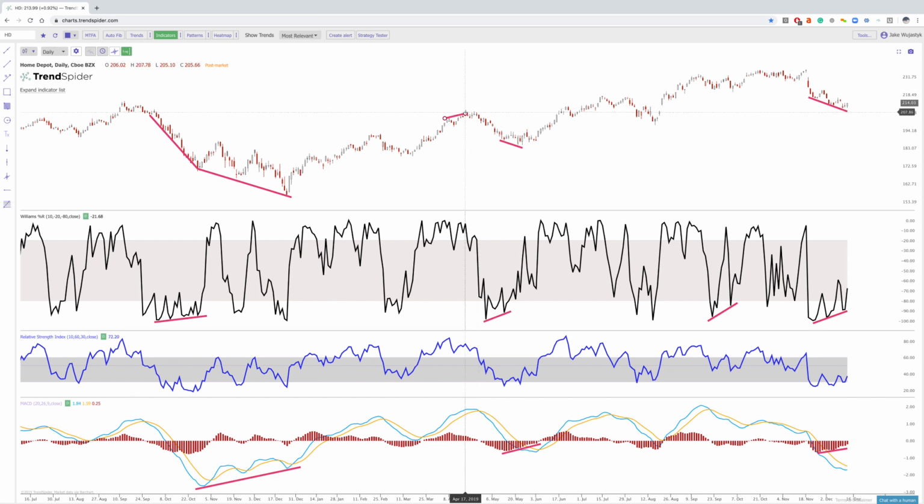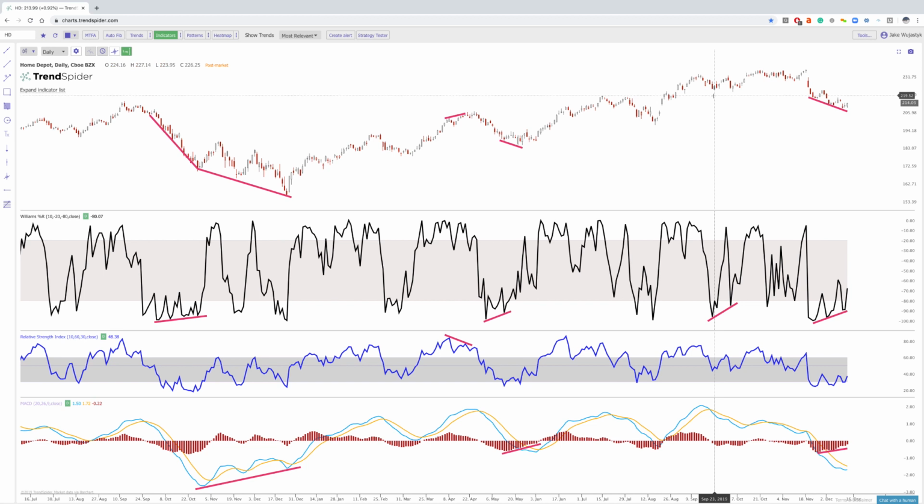And notice that we're creating a higher high on the price, but on the RSI, which is the next indicator we'll look at, we're actually creating a lower high. And notice that this ends up being the topping area for this particular move to the upside, and then we move down. However, it stays in the uptrend and continues to move up for quite some time.